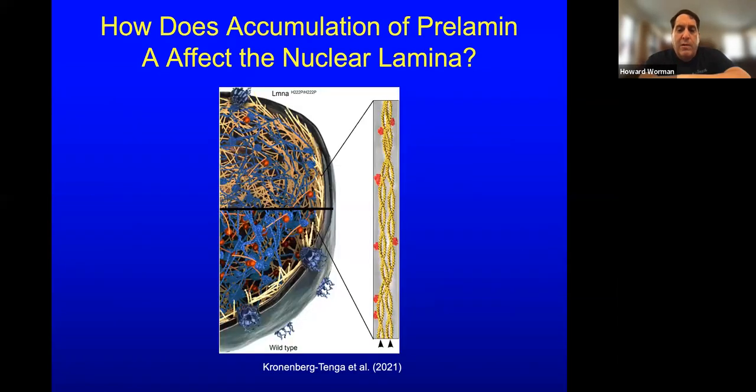And this brings up one more last question. I took this picture from a paper we did with Raphael and with Ohad. We looked at the nuclear envelope of cells from a different mouse with a different disease. This is a mouse that Gisèle made long ago, the LMNA H222P mutant mouse that develops cardiomyopathy and muscular dystrophy, not progeria. And using cryo-electron EM, we saw some changes in the lamina, not so much in the filaments themselves.